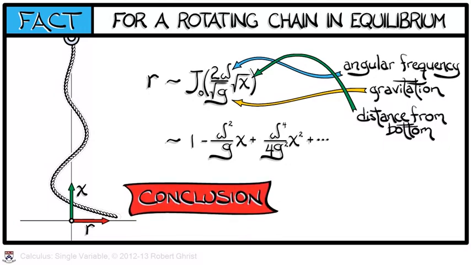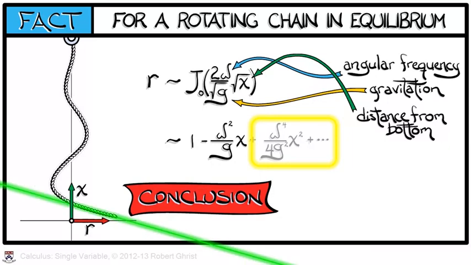One of the things that we can conclude from this Taylor series is that if x is reasonably small, if you're near the bottom of the rope, small enough that we can ignore some of the quadratic and higher order terms, then what's left over looks like a linear expression in x. R is proportional to 1 minus omega squared over g times x.